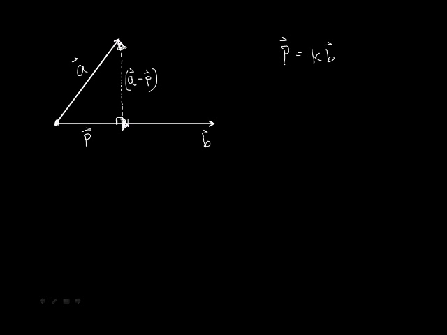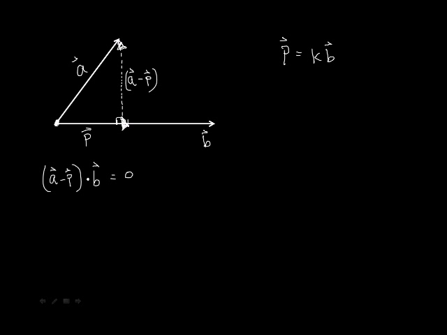Now this vector, A minus P, is 90 degrees to vector B. So if we take their scalar product, A minus P, scalar product with B, we know this should give us 0.